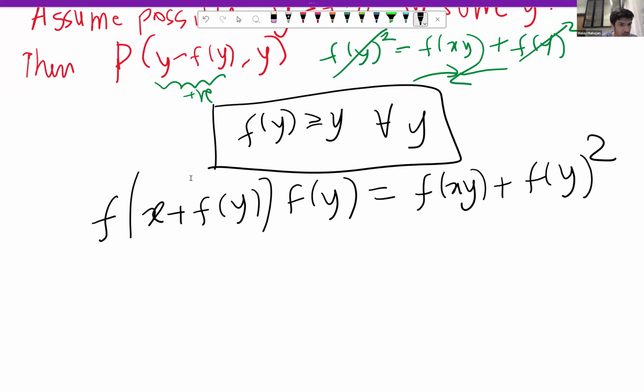Do we equate now? Yes, that's one idea. If you somehow by some other argument prove that fy is at most y for all y, then we would be done.